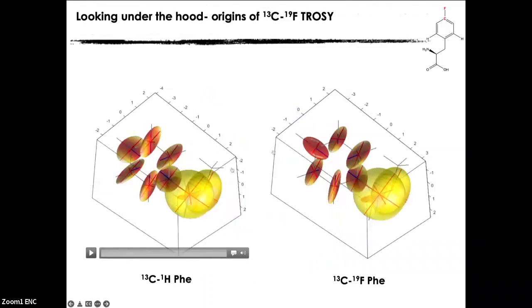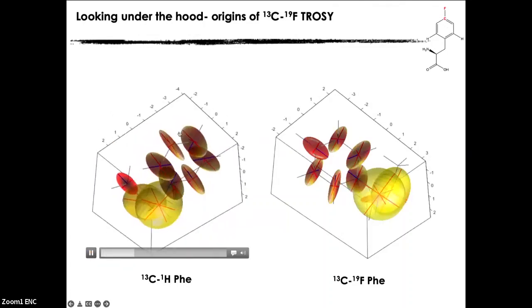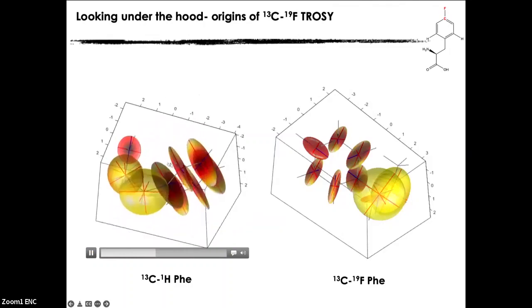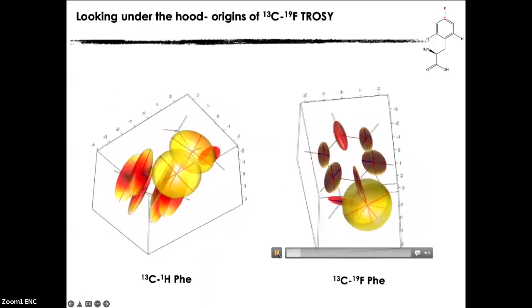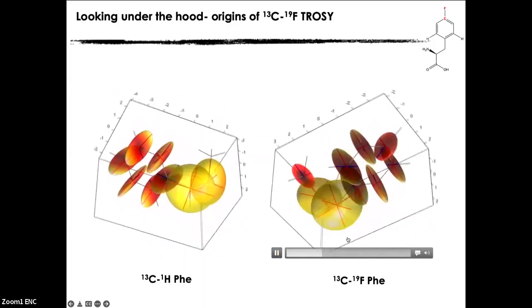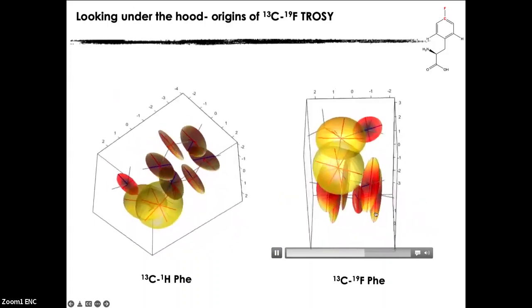Here, you remember the same amino acid that we talked about, and pay attention to this particular carbon and the CSA of that particular carbon. Now look at the carbon chemical shift anisotropy over here. They're all pretty big. But once you attach that to a fluorine, if you look at this particular carbon over here, it almost becomes spherical.